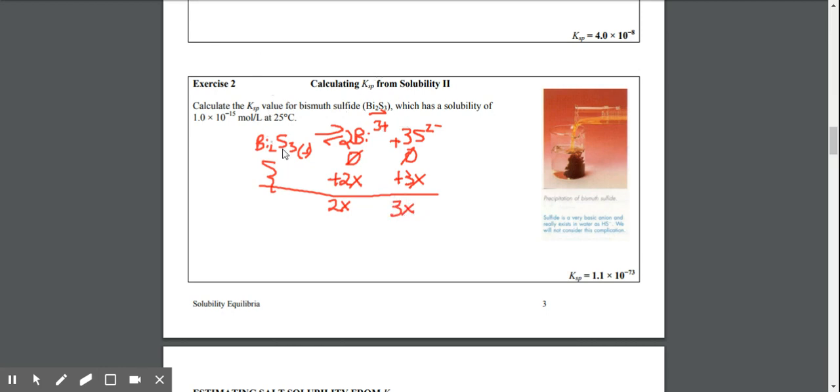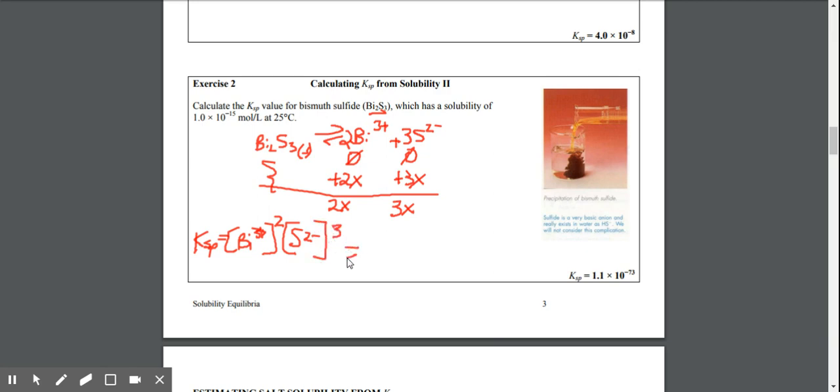So now, let's write our Ksp expression. So our Ksp expression is going to be Bi3 plus, that's 3 plus, squared, times S2 minus, that's cubed.